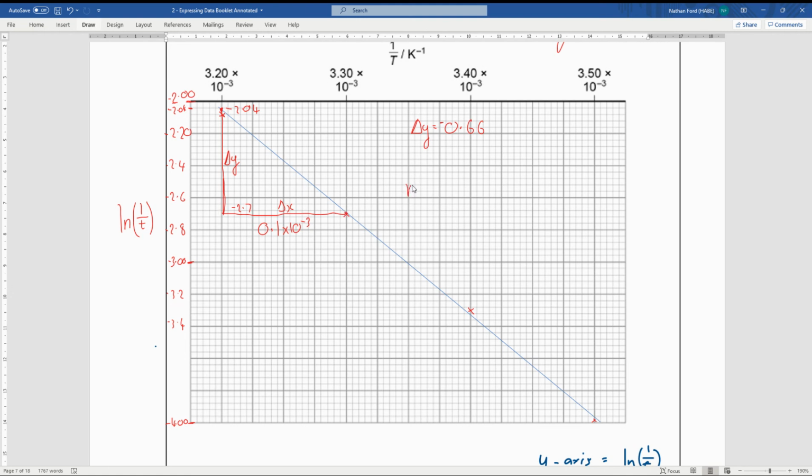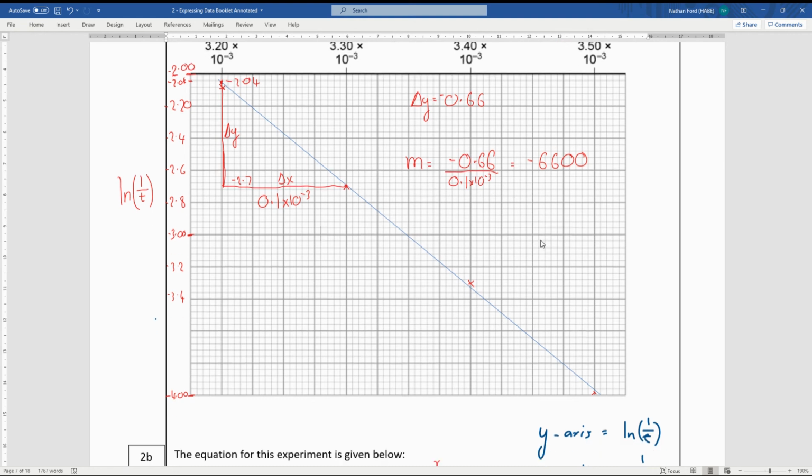So my gradient is equal to minus 0.66 divided by 0.1 times 10 to the negative 3, the change in x. Okay, so if we type this into the calculator, we get a value of minus 6600. Okay, let's take that to our value.